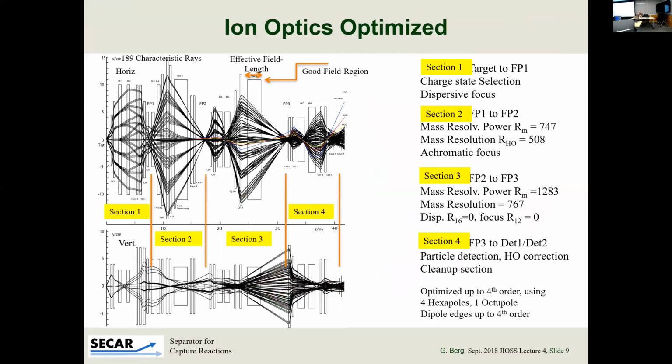So this is now the full ion optics from the beginning of the system to the detector plane. And you see here the 189 characteristic rays. We optimize the system with these rays, but of course if you have a specific question, what the magnification is doing and so on, in the last section I've shown you that you can do these calculations as shown there for St. George.